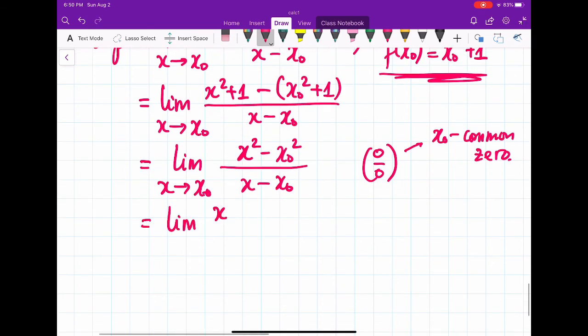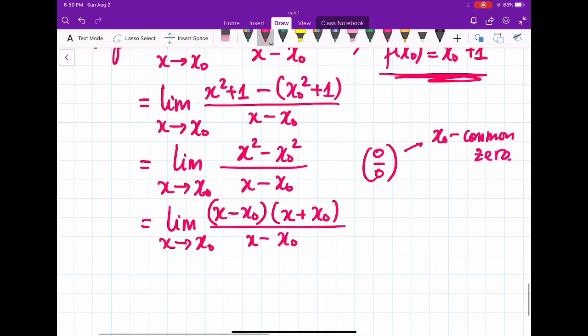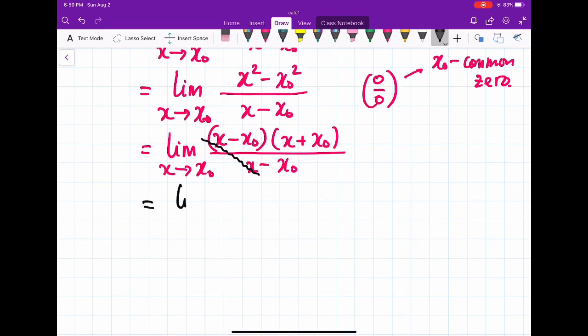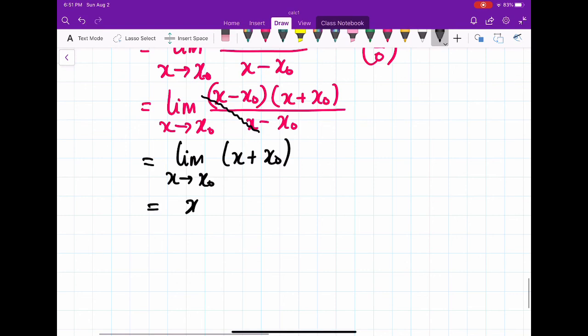On the top, I have x minus x0 times x plus x0. In here, I have x minus x0. Then you can simplify x minus x0. So you have the limit of x plus x0 when x approaches x0. And that is x0 plus x0 equal to 2x0. So this is the general formula of the slope.